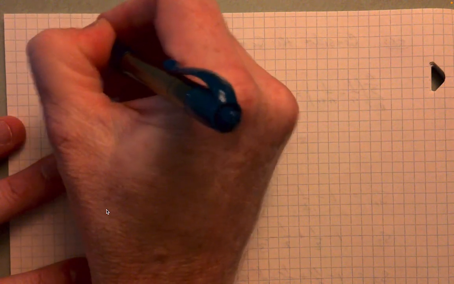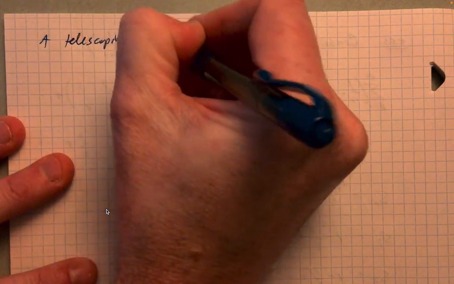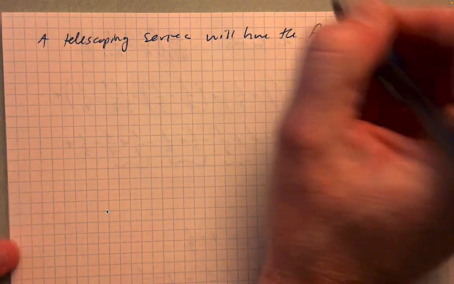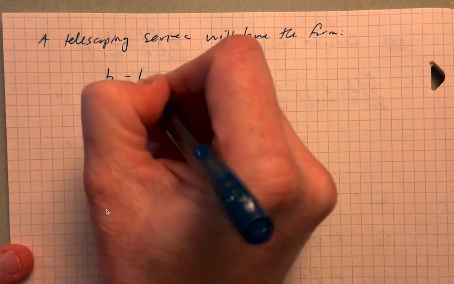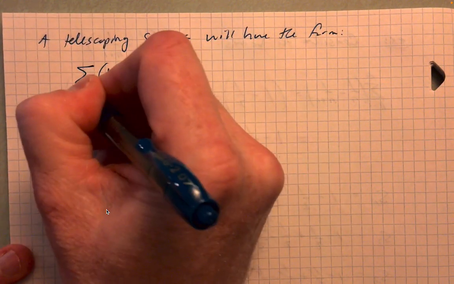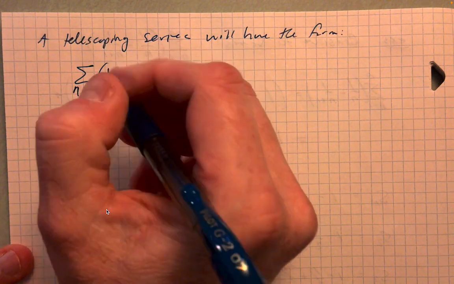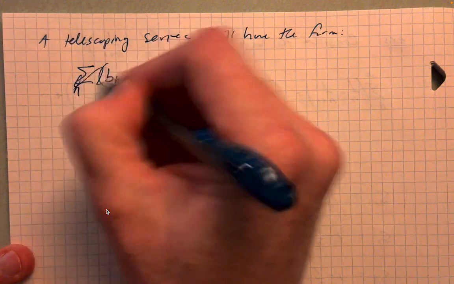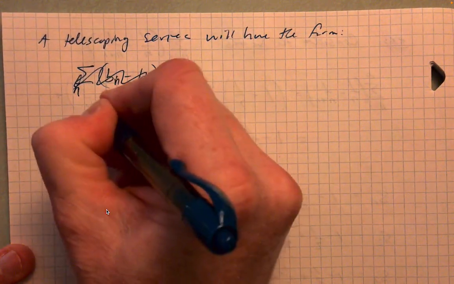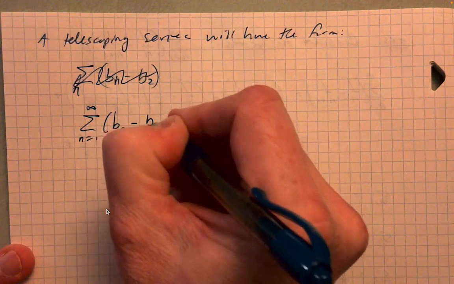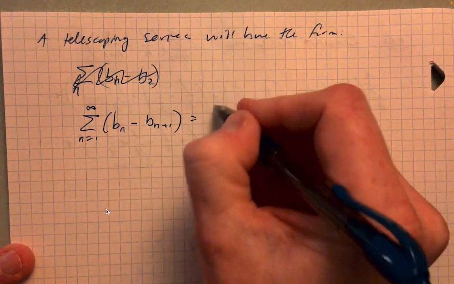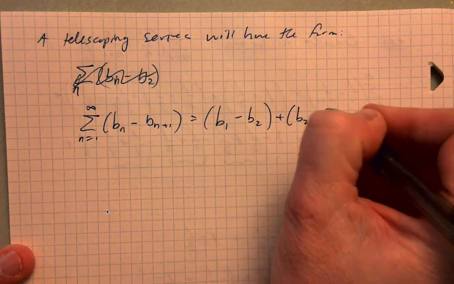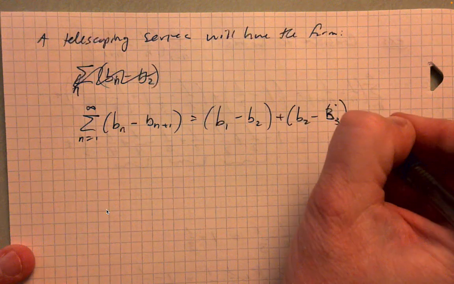A telescoping series will have the form: the sum from n equals 1 to infinity of b_n minus b_(n+1), which would be b1 minus b2 plus b2 minus b3, plus, and so on.